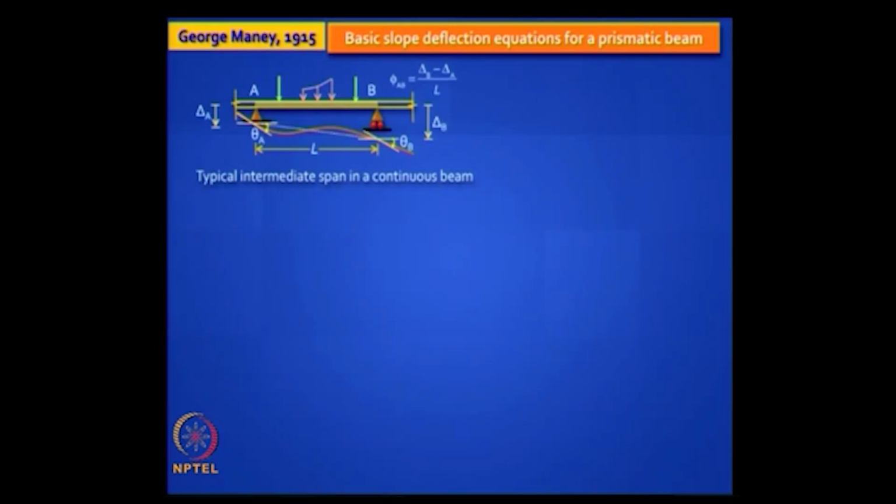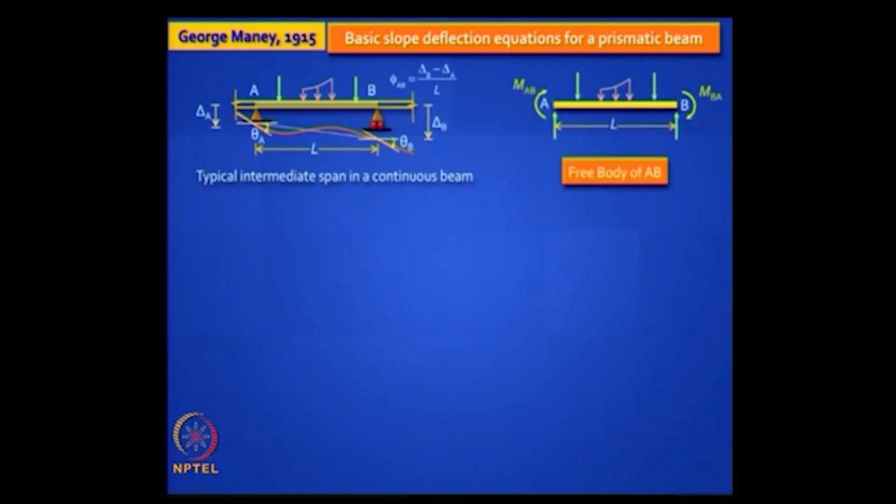Is it clear? Now our interest is to write expressions for the end moments at A and B, so this is what we want, this is the free body of AB. In the free body of AB you do not show displacement because you free the body from the external constraints. So can we write an expression for MAB and MBA from first principles? We can. How do we do it in displacement formulation?